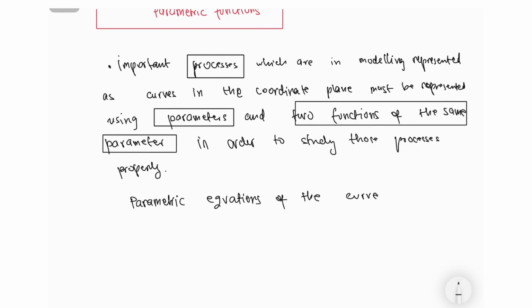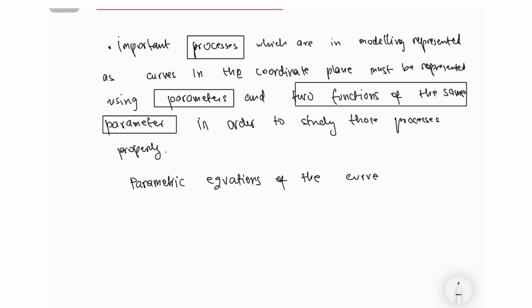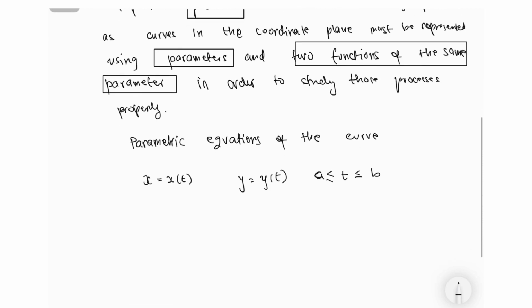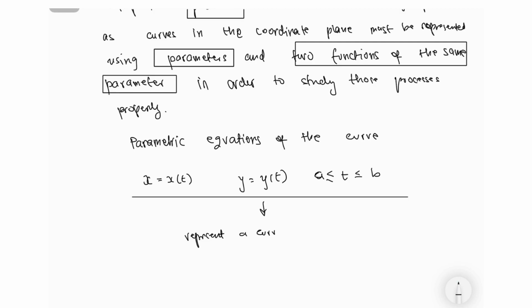So parametric equations of the curve in the two-dimensional coordinate plane are given by x equals x of t and y equals y of t, where t is that parameter and t is in some closed interval [a, b]. And this will then represent a curve in the coordinate plane.